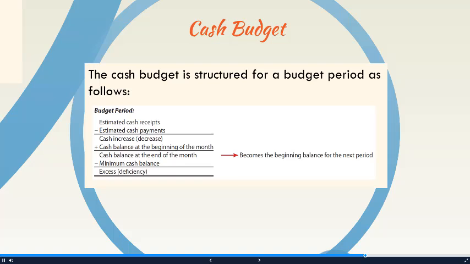This will show us how much cash we should have at the end of the month. We always require a minimum cash balance, which they'll tell you what it is. We need to make sure we are above this minimum cash balance. This will show us, if we subtract our minimum cash balance, it will show us our excess or deficiency in cash for the period.